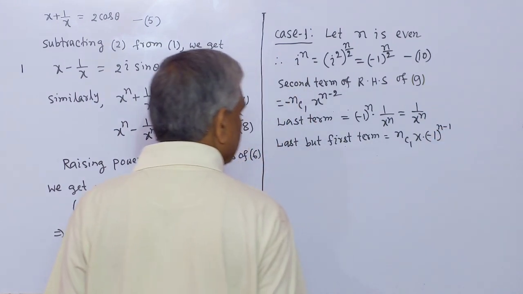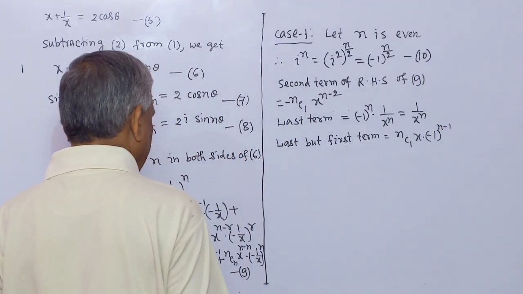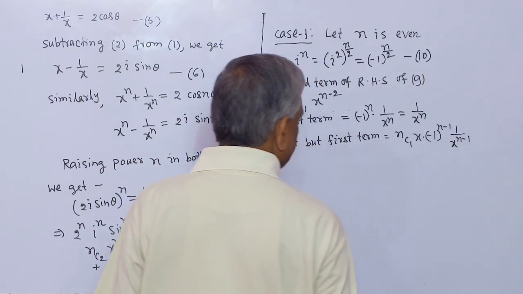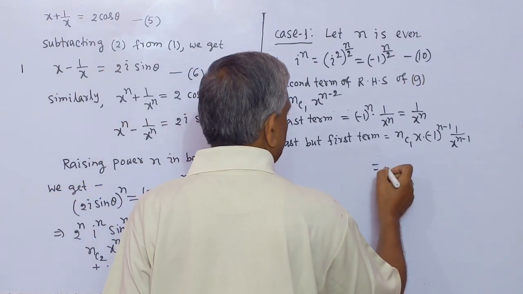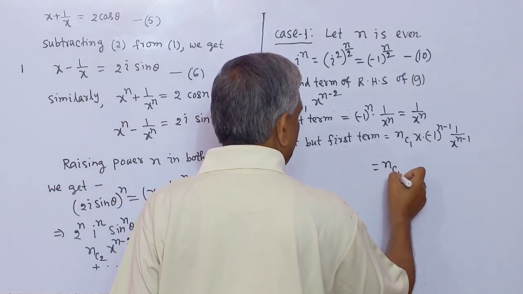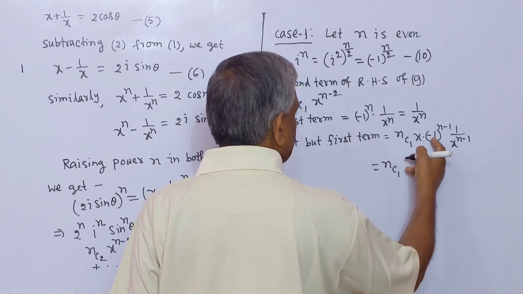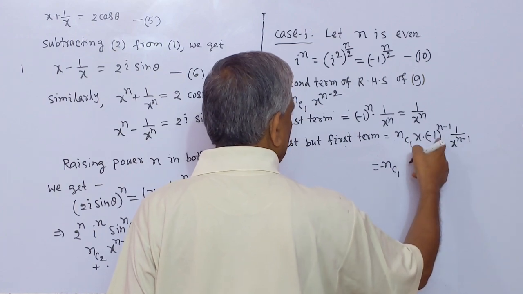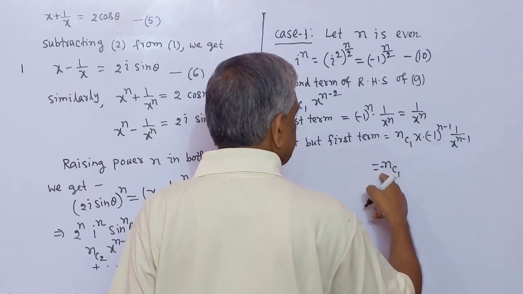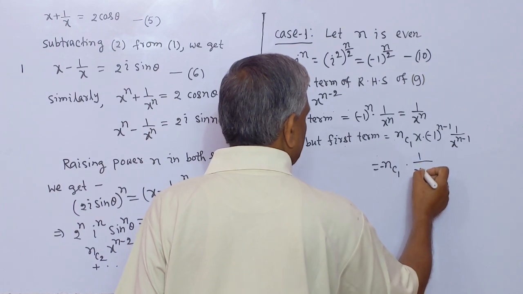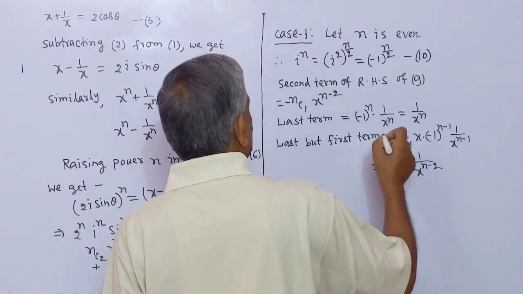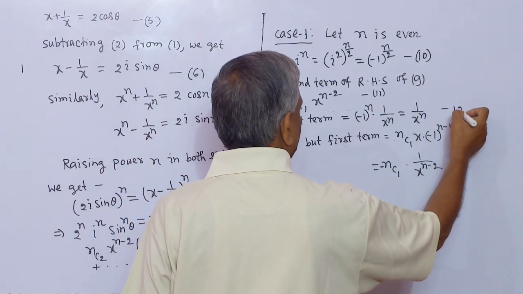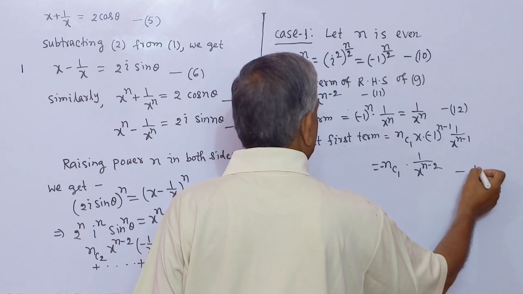This is odd number, so this will be negative, and 1 by x to the power n minus 1. So this will be equal to nC1, here minus, since n minus 1 is odd, so value of this is negative, and multiply 1 by x to the power n minus 2, and this is number 11, this is number 12, this is number 13.